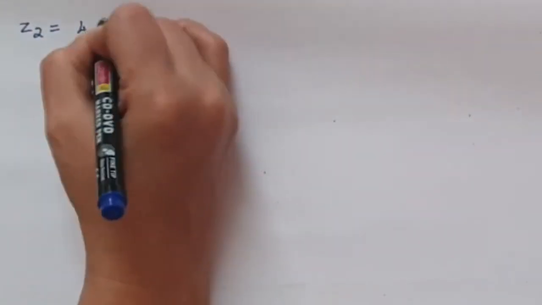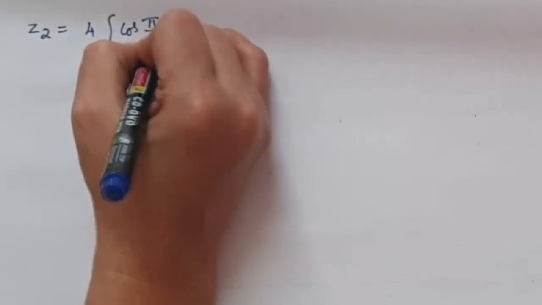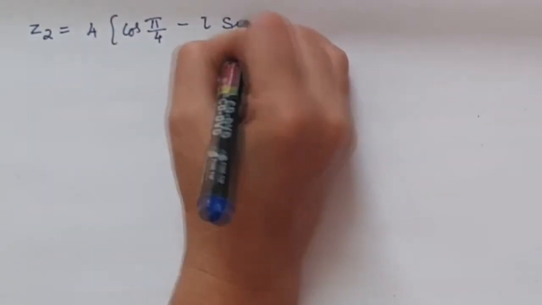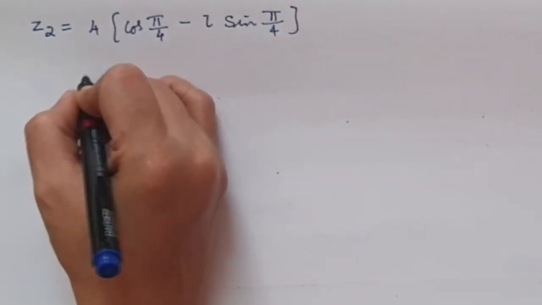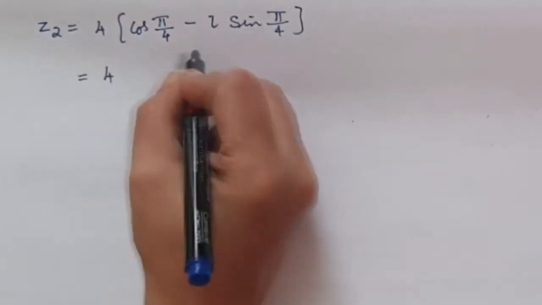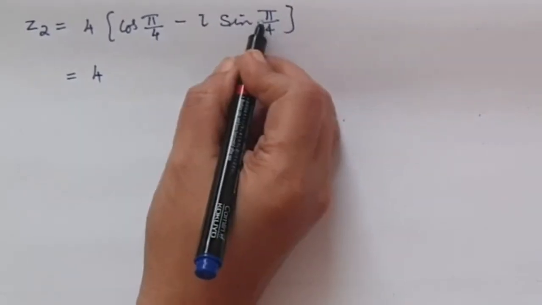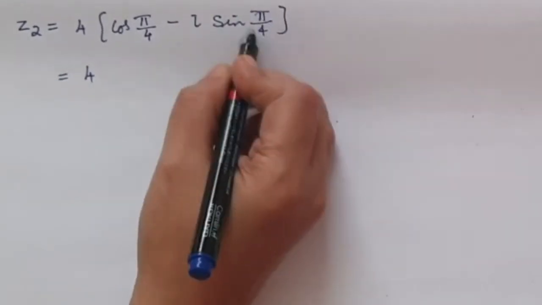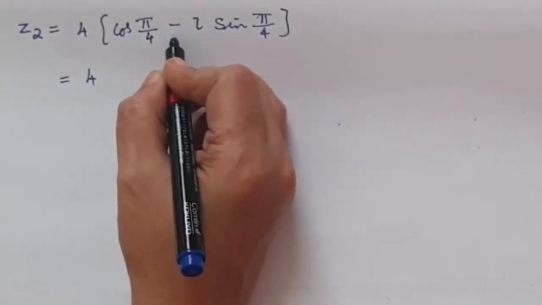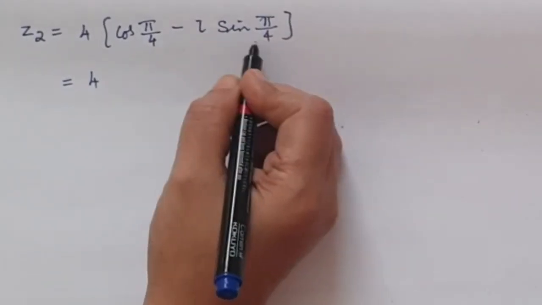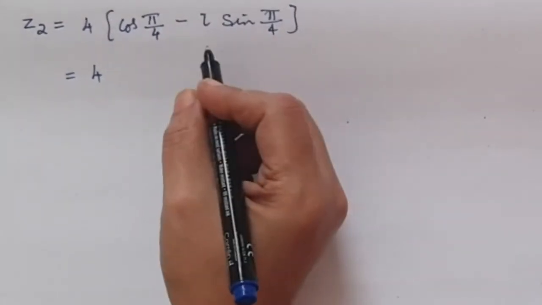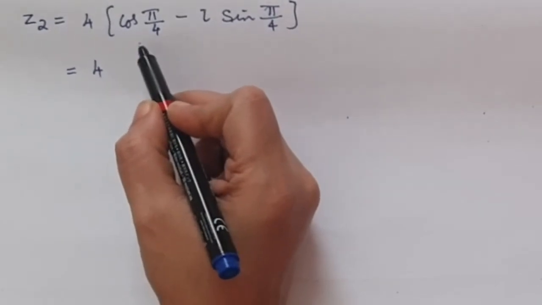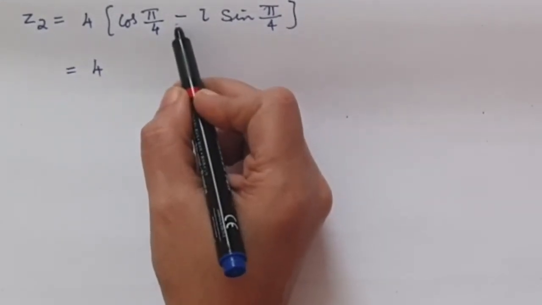So substituting the value for beta, z2 will be equal to 4 cos pi by 4 minus I sin pi by 4. We'll take this I minus inside. For writing a complex number in polar form, we need to have an addition symbol in between.